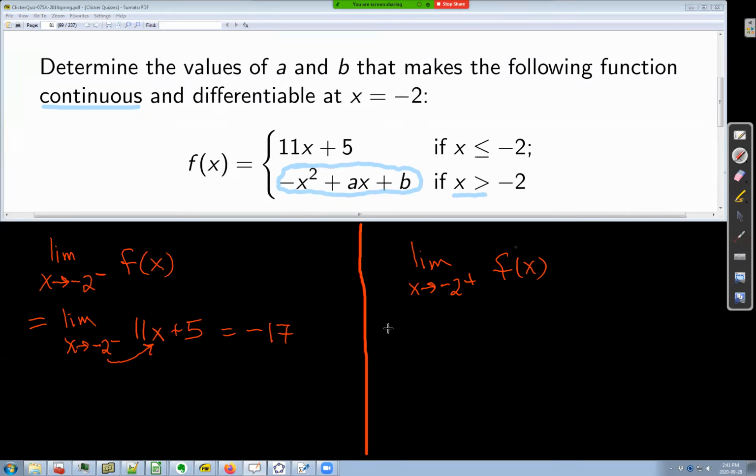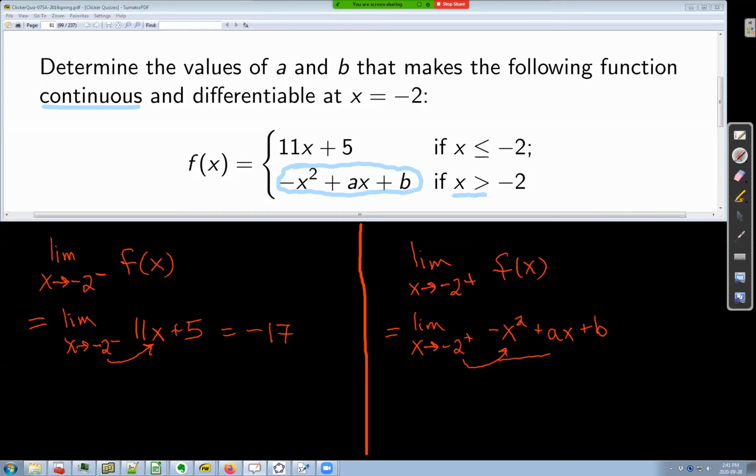So this is going to be equal to the limit as x goes to -2 from the right of -x squared plus a times x plus b. And now we can set x equal to -2.